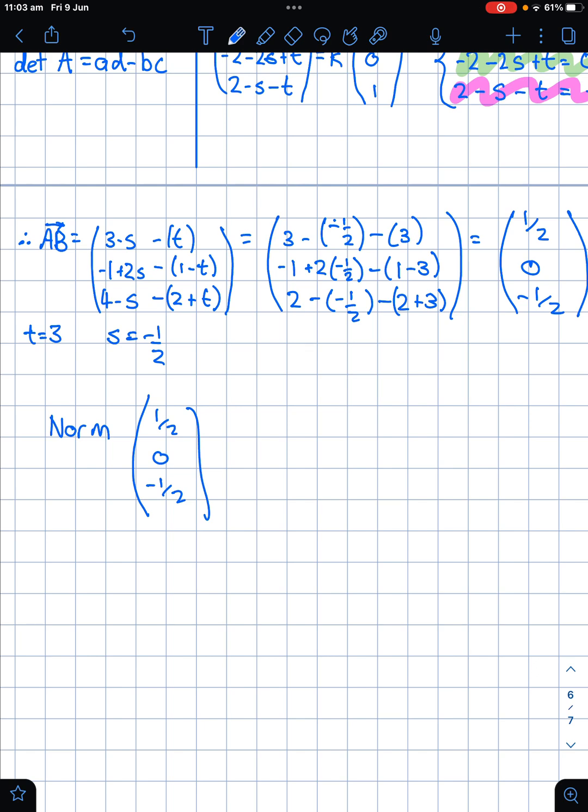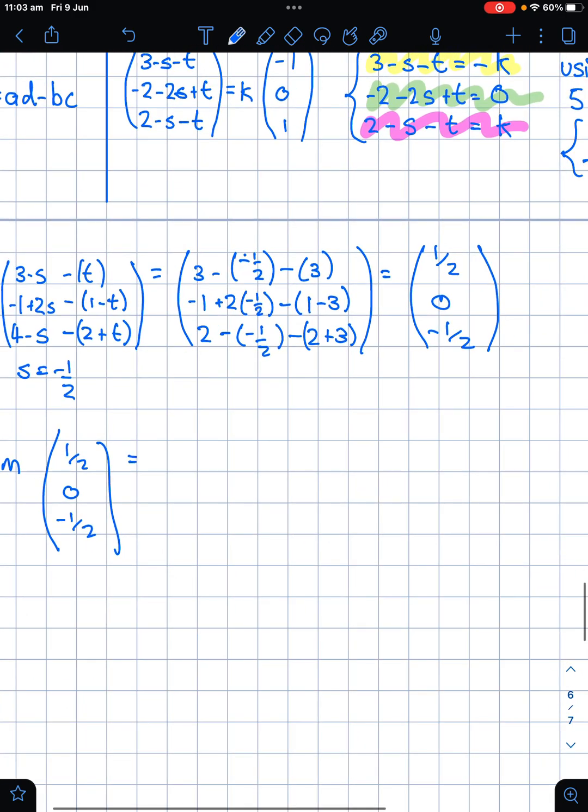Matrix, vector, option, matrix vector norm, and our matrix vector 3 by 1 divided by 2. Just putting the fractions into the calculator now, negative 1 over 2, and we get 2 root 2. So it's 2 root 2 on 2 units long.